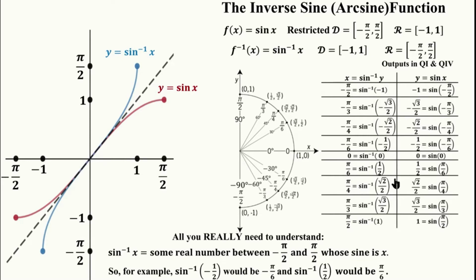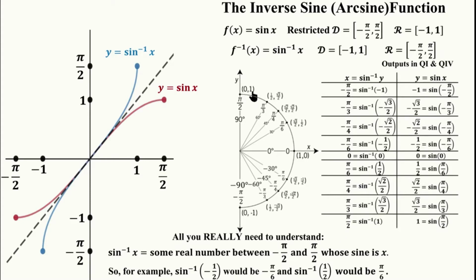So spend some time on this screen, look at these numbers. They should all be familiar for you. They're just coming from the unit circle we're familiar with. Notice we're going from negative pi over 2 all the way to pi over 2, and with pi over 2, for instance, we know that the sine is 1.